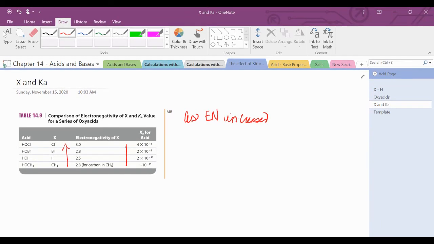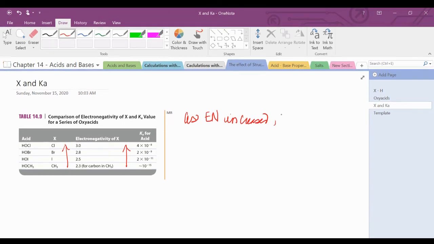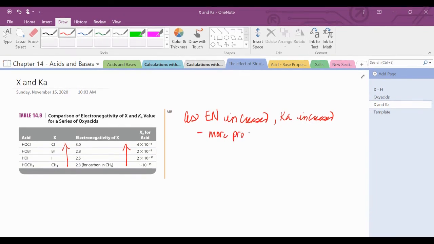And if we go the same direction in the chart and we talk about Ka, we can see that Ka also increases. And we know anytime Ka increases, it means we're producing more product. So we're able to weaken that bond that hydrogen has, and that hydrogen can easily dissociate off.